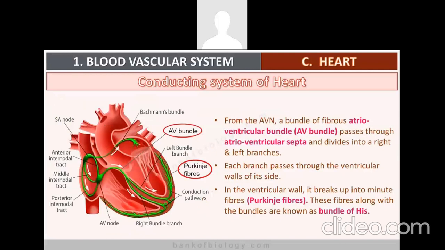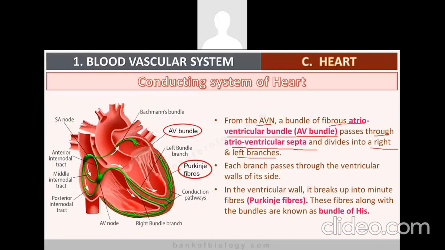From the AVN, a bundle of fibrous tissue, the atrioventricular bundle, passes through the atrioventricular septa. So what happens here is you can find the atrioventricular bundle passes through the septa and divides into the right and left branches.